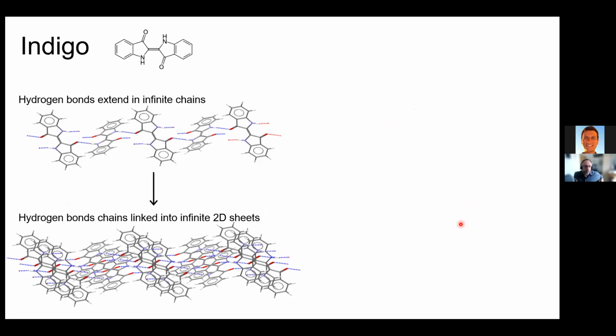So I'm going to go through a few examples of what we've tried out with this method. We've only had it for the last half year or so, so we haven't done much with it, but we've been testing out how it works, and some of the limitations of the method as well. Initially we started to look for polymorphs of organic molecules which sit in the same space group symmetry, because this allows us to apply some constraints on the sampling.